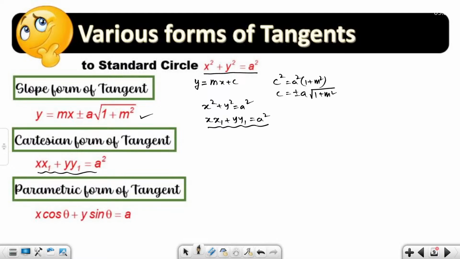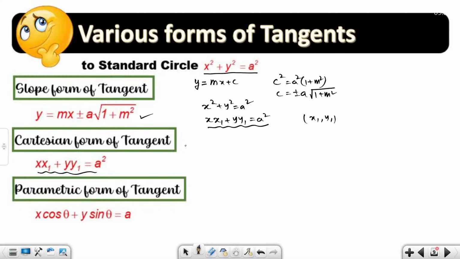But here one thing you must remember, as I repeatedly told you in the previous lecture, that the point x1, y1 must be on the circle. Then only you can find out the equation of the tangent by using Cartesian form. If the point is not on the circle, then you cannot use the Cartesian form of tangent.